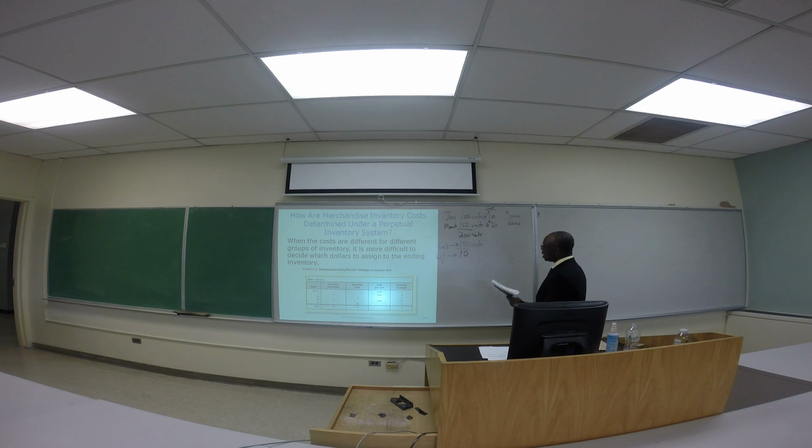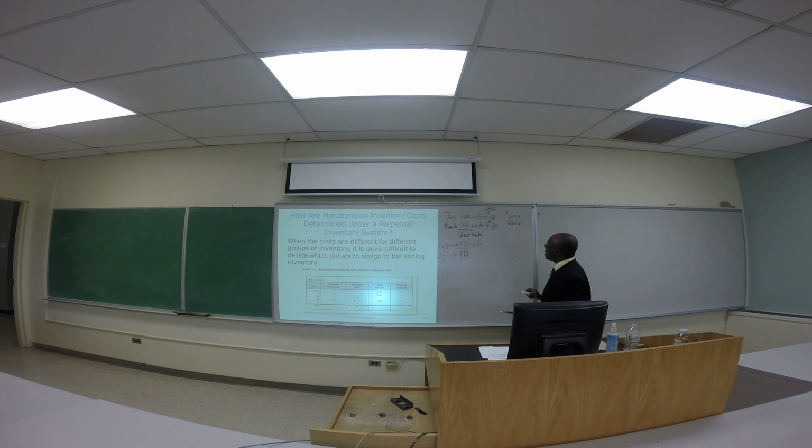Here is the challenge. The challenge is, these 10 units left come from which batch? Do they come from the January batch, where each unit cost us $10, or do they come from the March batch, which cost us $20 a unit?